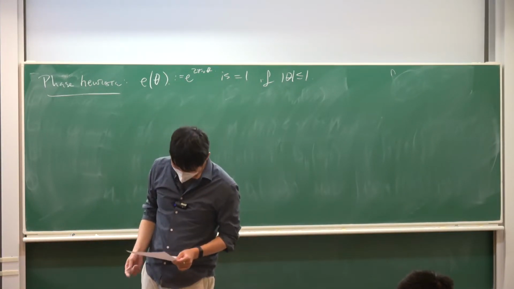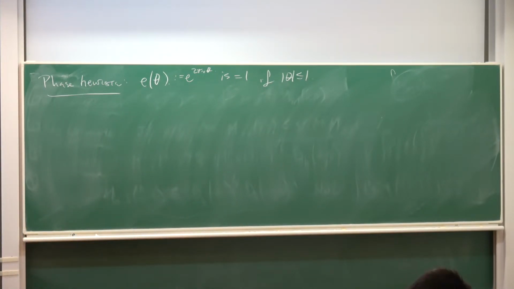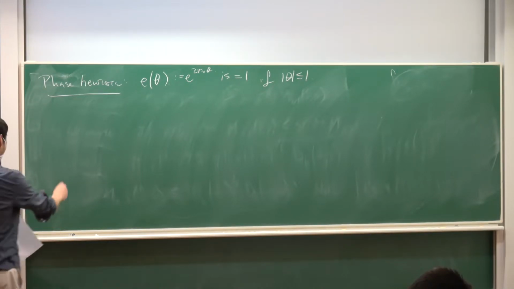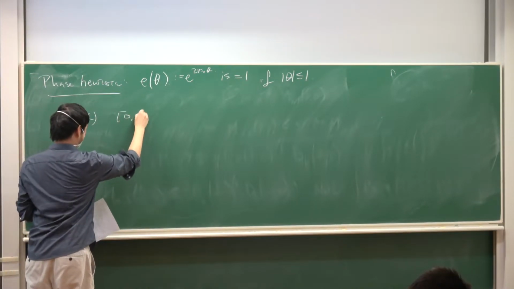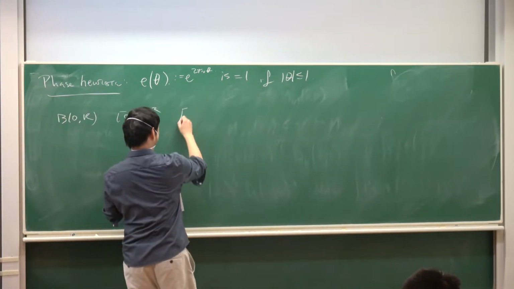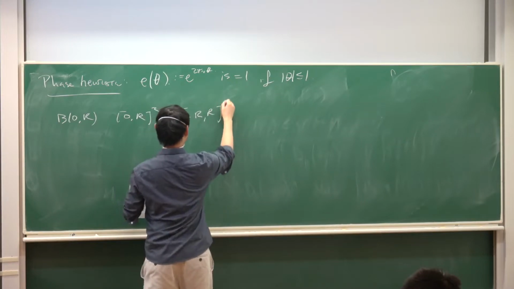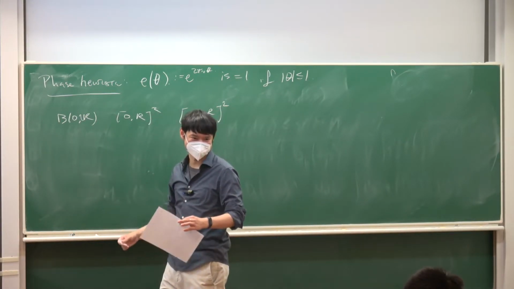And of course, another thing we did was we assumed that a ball of radius 2r, well, we don't care about the 2, is basically a ball of radius r. These don't matter.